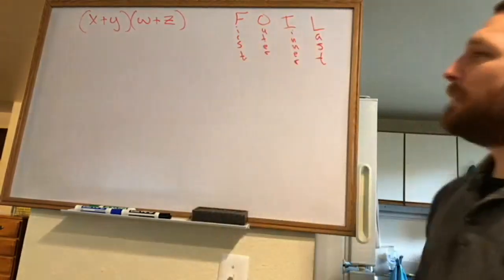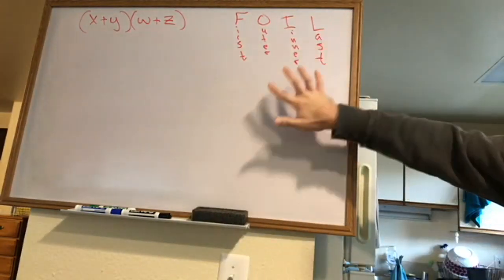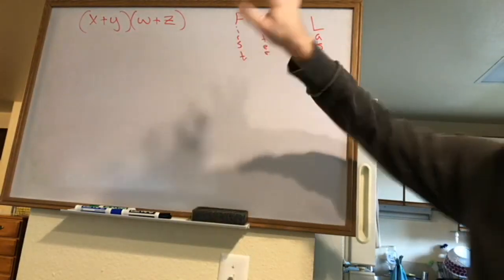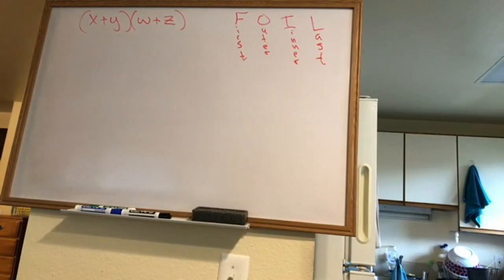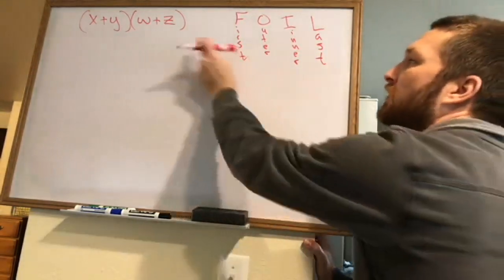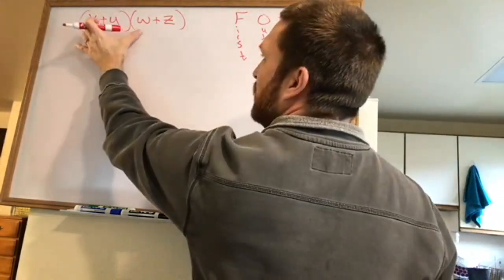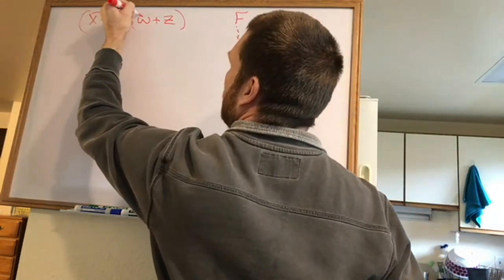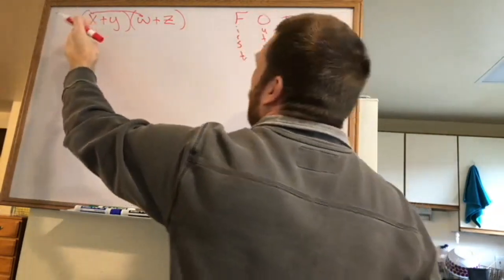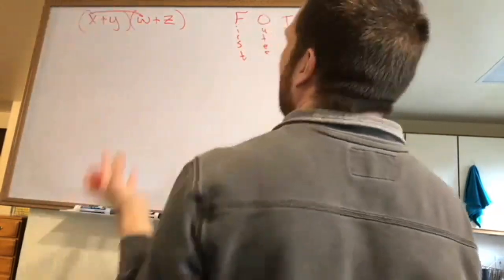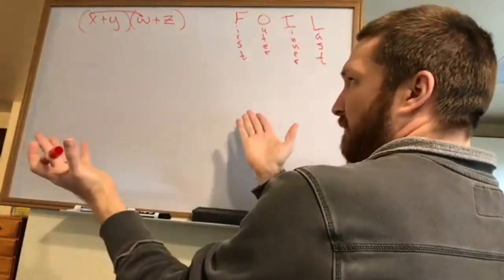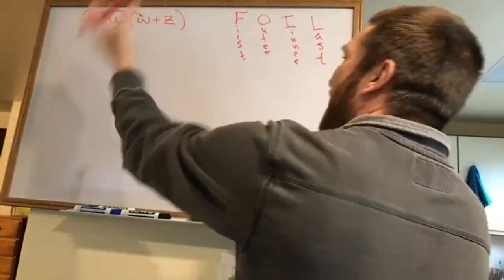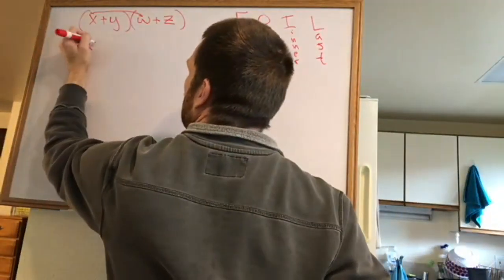And so basically, this is just a mnemonic device for how to go about doing this. And the way we do it is we say, okay, I'm going to multiply the first 2 together. So these 2 are first, and I would say, okay, just like with the 1 and the 1, right? We say 1 times 1. In this case, they're different numbers, and we don't know what they are. So it's an x times w, okay, xw.